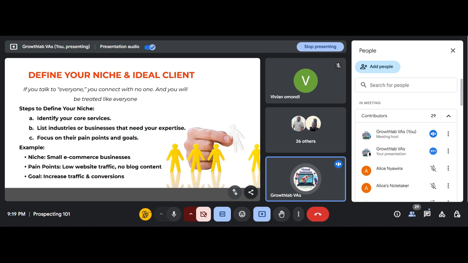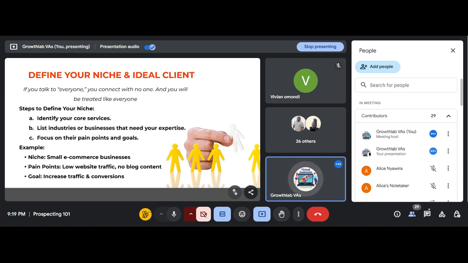So down there is an example of a niche. That's a niche on the ideal client. You're niching down on small e-commerce businesses. And of course, you'll have a definition of what a small e-commerce business is, so that you can know the difference between a small one and a medium one. Then their pain points is that they have low website traffic. That means they have few people visiting their sites and they don't have blog content on their website.